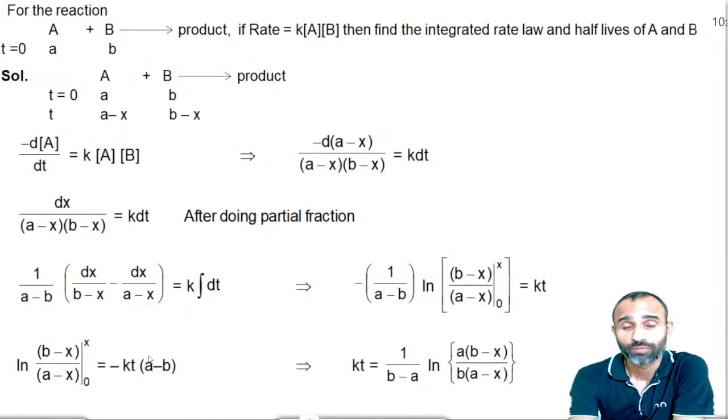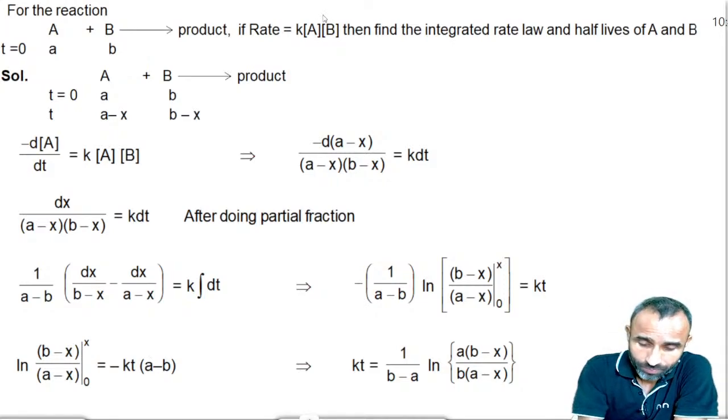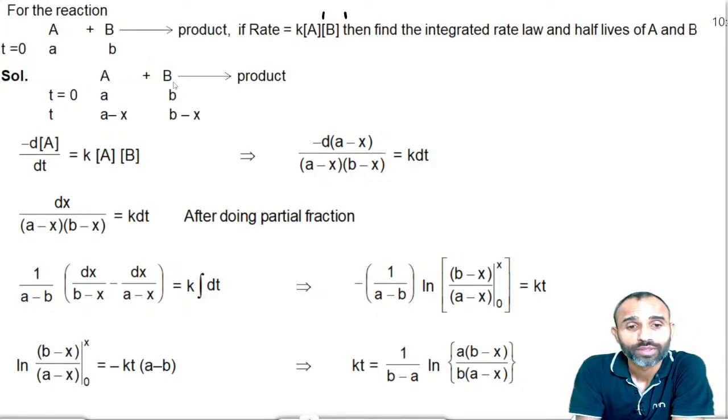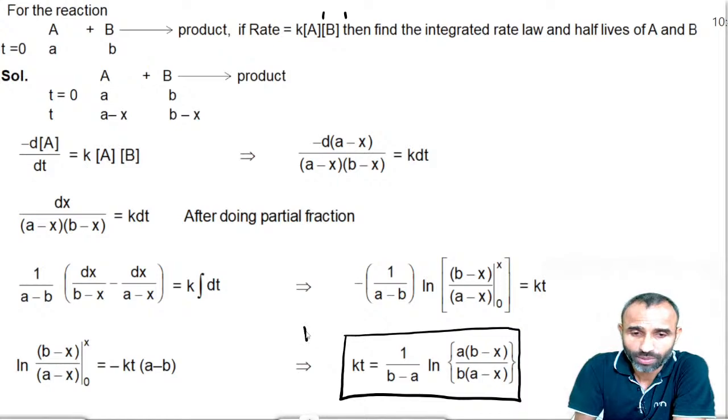Now if we have two different reactants and rate depends upon both, first order with respect to A, first order with respect to B, and overall order of reaction is 2. In this case we will get this equation that you have to remember.